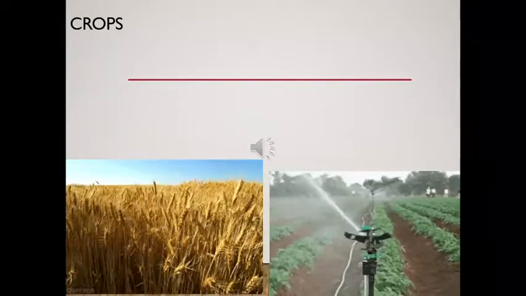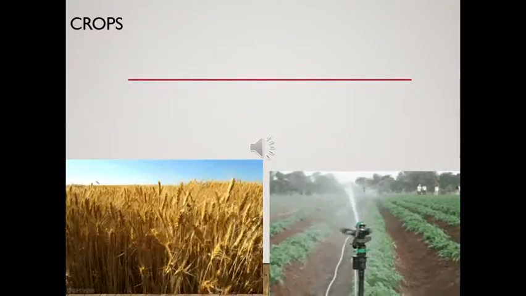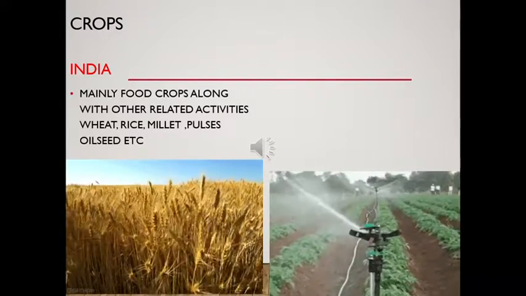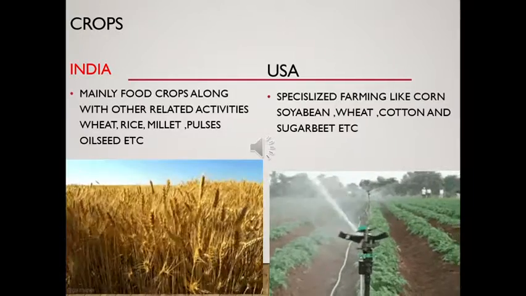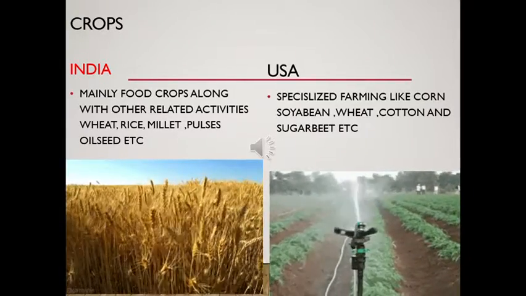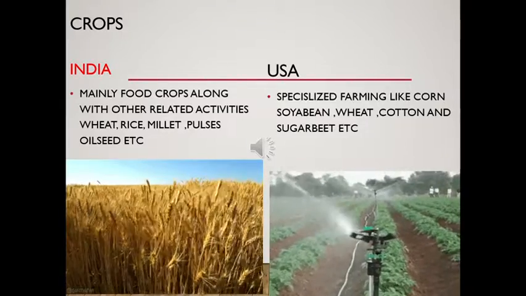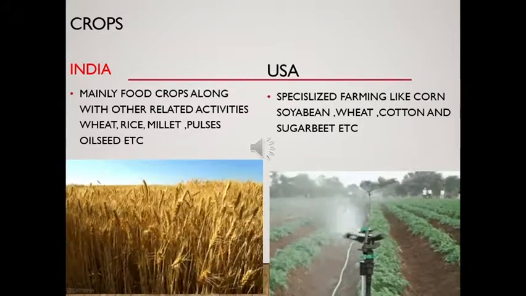Major food crops grown in India are wheat, rice, millet, pulses, and oil seeds, whereas USA specialized in corn, soybean, wheat, cotton, and sugar beet.